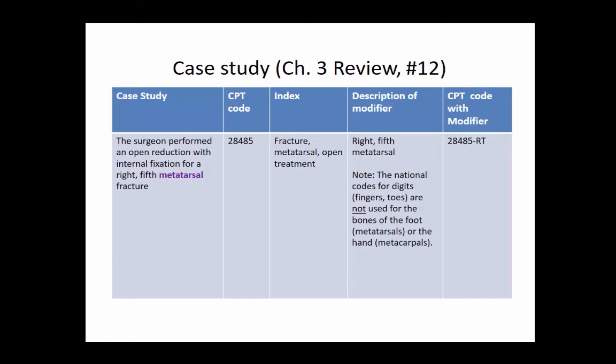And you would only use the modifier RT for the right metatarsal. Even though you think of a metatarsal as a toe, it really isn't. It's a bone in the foot. So you can't use those F's and T's that are found on the back of the front cover for fingers and toes. You would only use the part of the body, in this case the metatarsals, and it's on the right side.